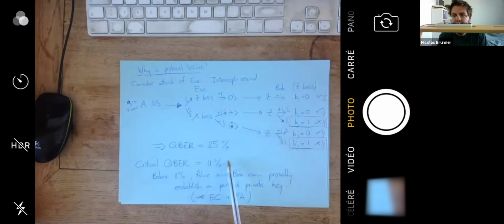We're not going to discuss this attack here because it is very complicated, but one can prove that this is the best attack. And so if you are below this critical value of the Q-bar, then you can actually extract a perfect private key out of the sifted keys, okay?